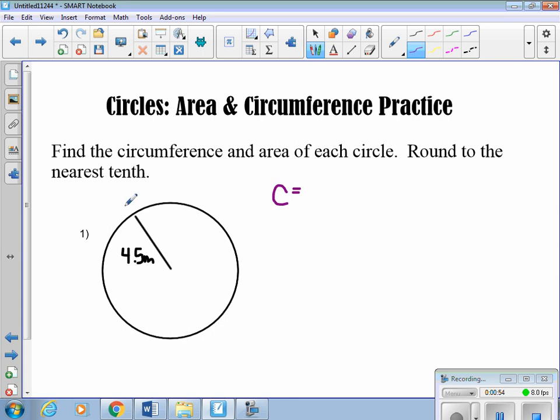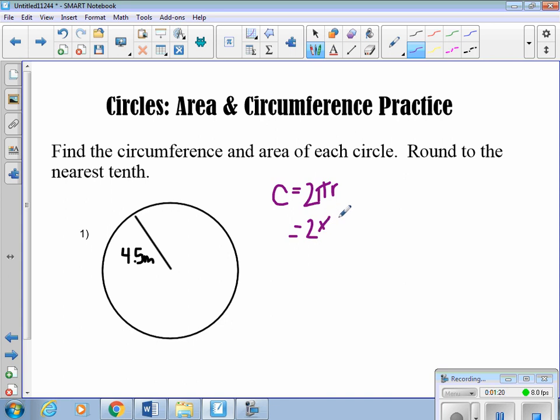We have a radius here, so we are going to do 2 pi r as our formula, and I'm just going to plug it in because I have 3 numbers I need, and 2 of them have already been given to me. So circumference is going to be 2.